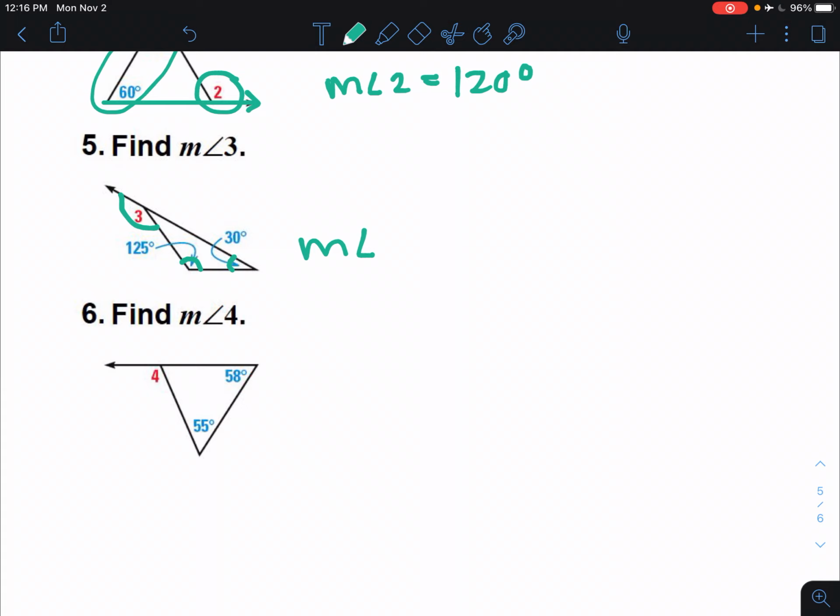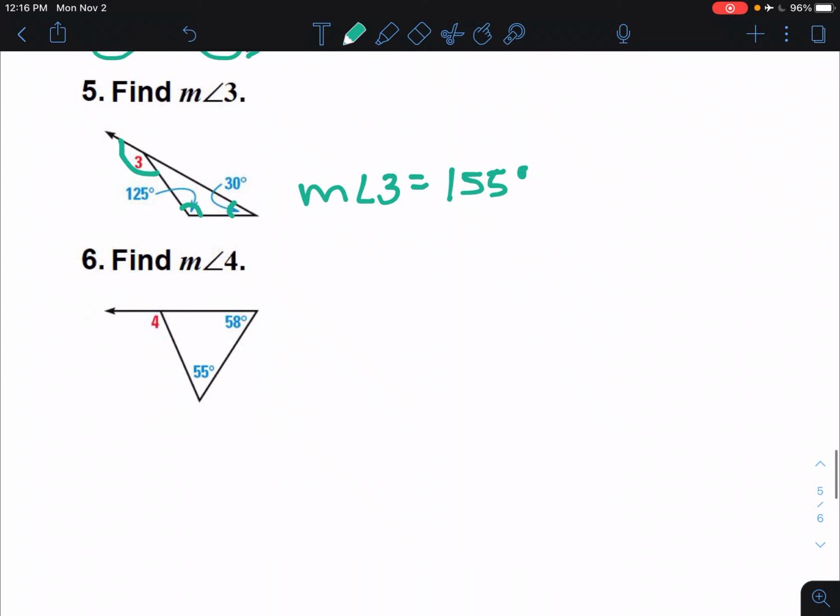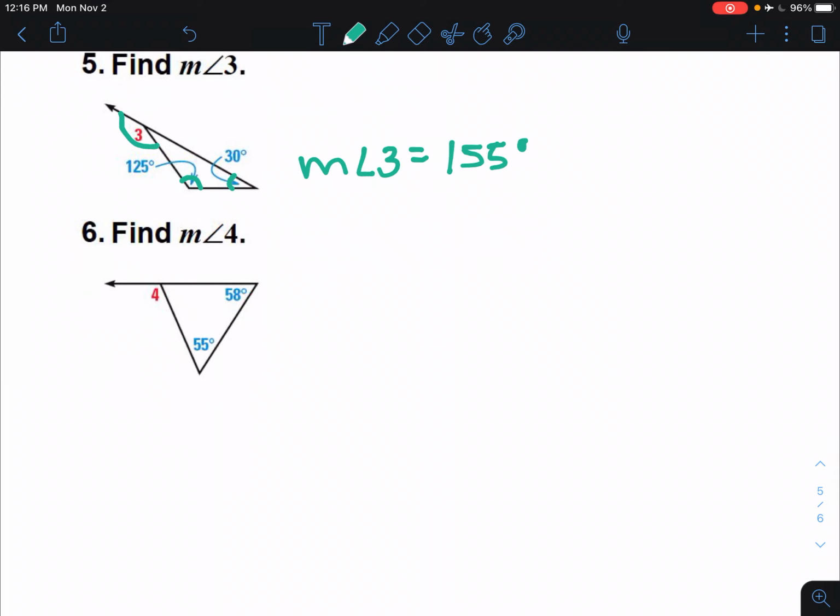So that means the measure of angle 3 equals 155 degrees. Finally, we have angle 4 here. It's the same as the sum of the opposite two angles. So that means the measure of angle 4 equals 113 degrees, because that's 55 plus 58.